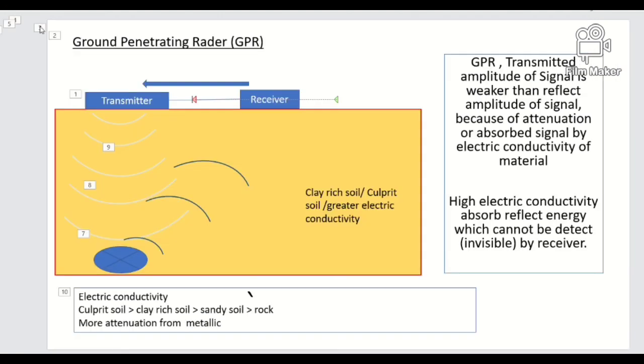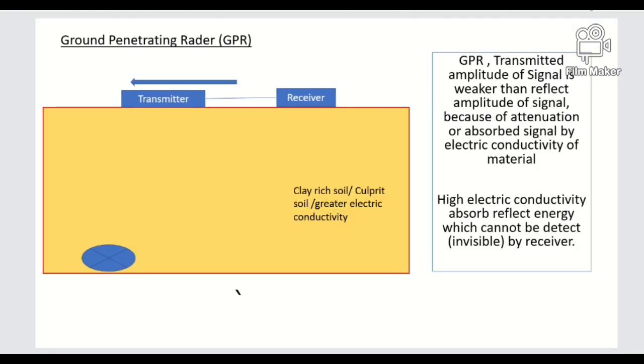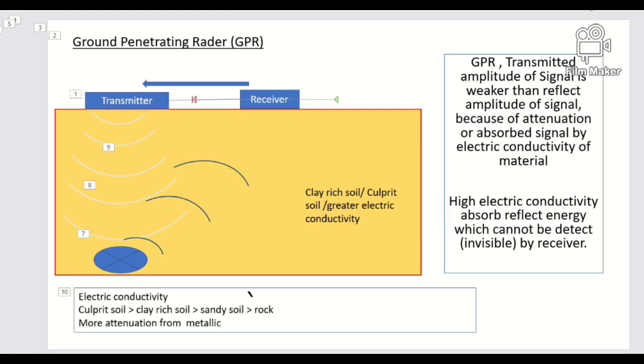Here we'll see first, if the wave energy goes through to the object and it reflects, the wave energy reflected from the object can be absorbed by the subsurface material. It happens when the electric conductivity of the subsurface material is high. So it will absorb the wave energy. See here, look at this.